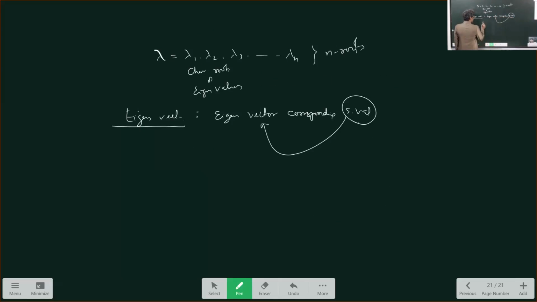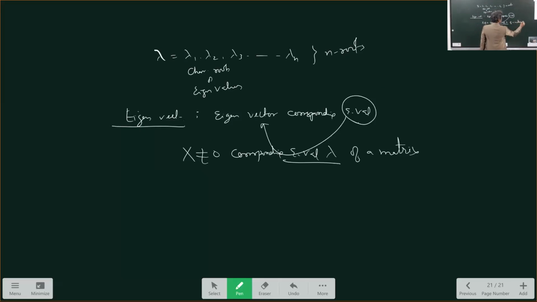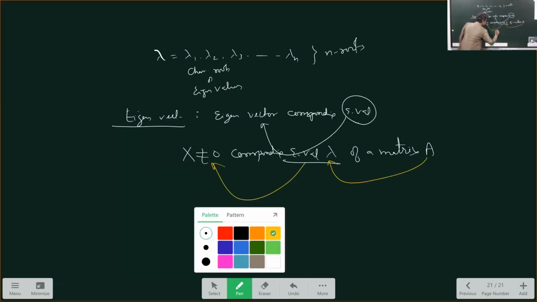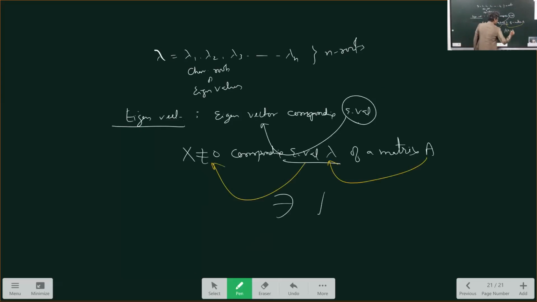So we say that x is a non-zero vector corresponding to the eigenvalue lambda of a matrix A. For a matrix A I can get the eigenvalue. Corresponding to this eigenvalue I can get the x, such that Ax is equal to lambda x. That is the beauty of this. Okay, Ax is equal to lambda x.